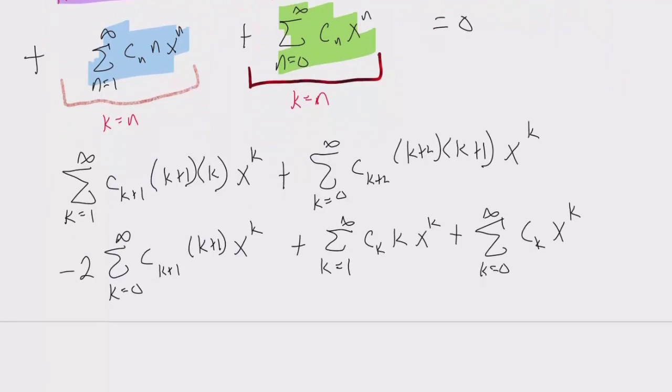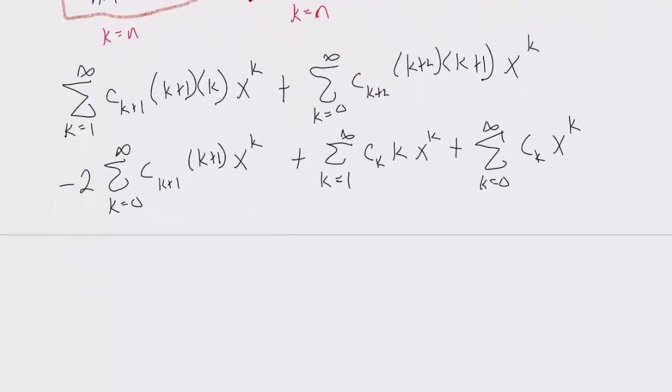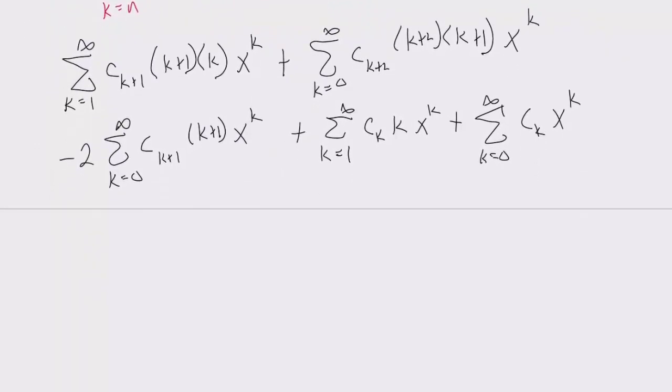All right, let me give myself some space here. Okay, so now I've got the exponents to match. So the next layer of this conversation is getting the indices to match on the summations. So I need those all to be the same number so that I can combine it into a single summation symbol.